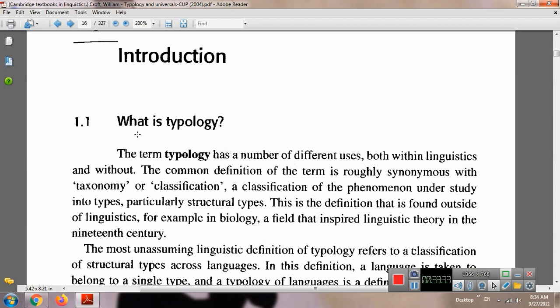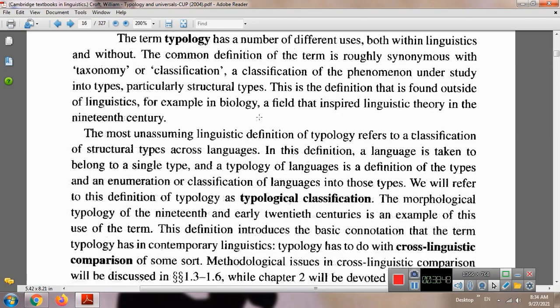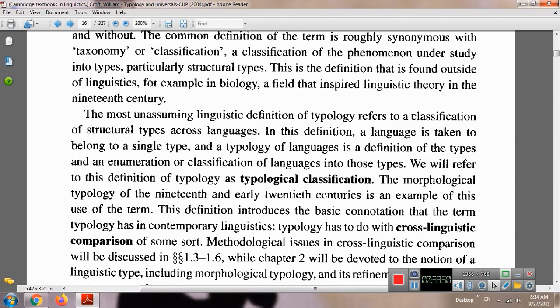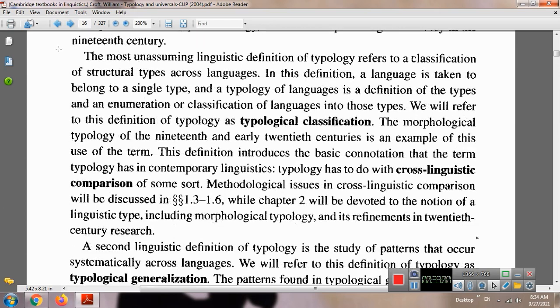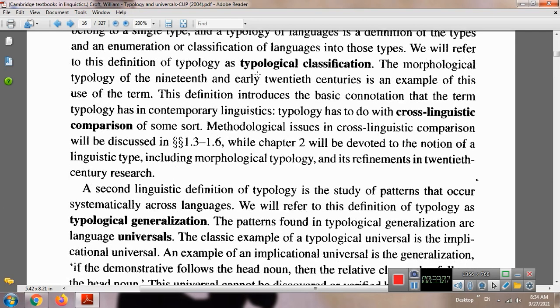For this session, you should summarize these important matters which we taught you, like the definition of typology outside of language and outside of linguistics, and you should be able to define the three linguistic definitions of typology which are common in linguistics, like typological classification. You should give a short definition for the typological classification in your summarization.